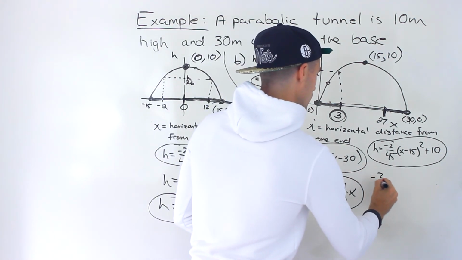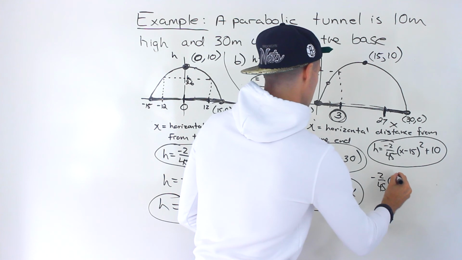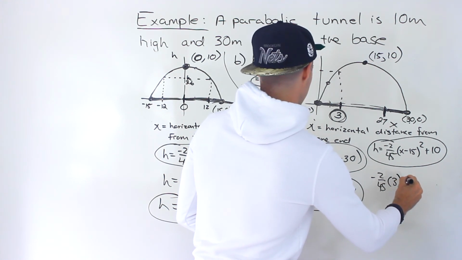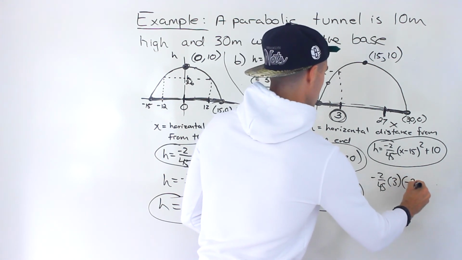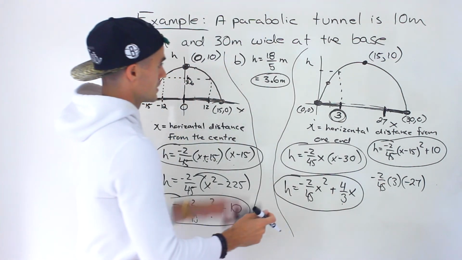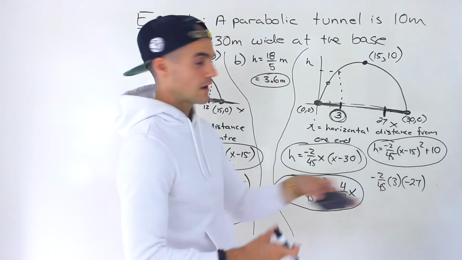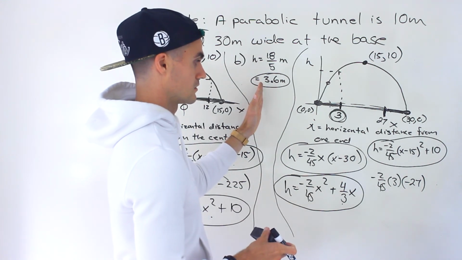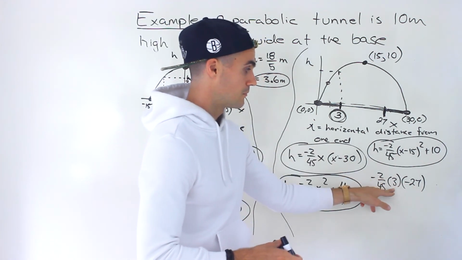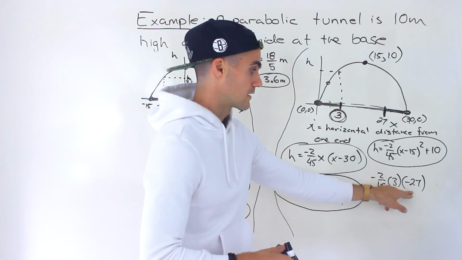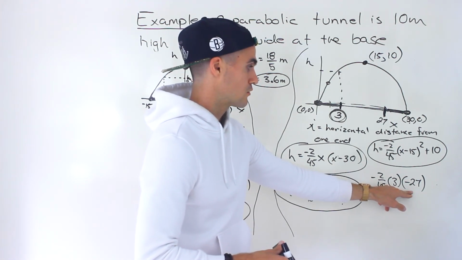We get negative 2 over 45 times 3 times 3 minus 30, which is negative 27. And actually notice, I erased it, but this is the exact same thing that we were multiplying right here. We ended up with those same brackets, right? The same values that we're multiplying throughout.